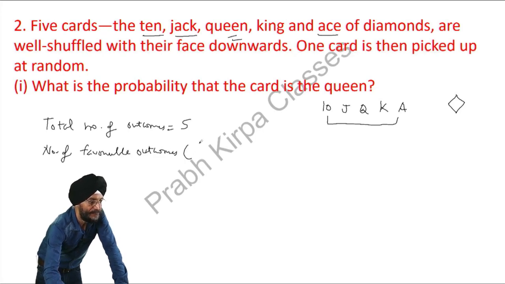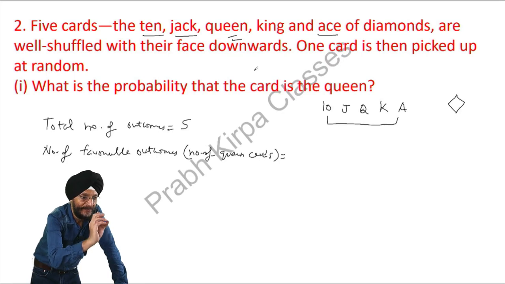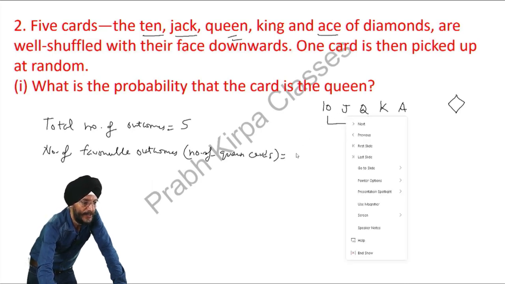It means the number of Queen cards. How many Queen cards have been given? That is the Queen card which is a diamond. Out of these 5, only 1 card is a Queen card.